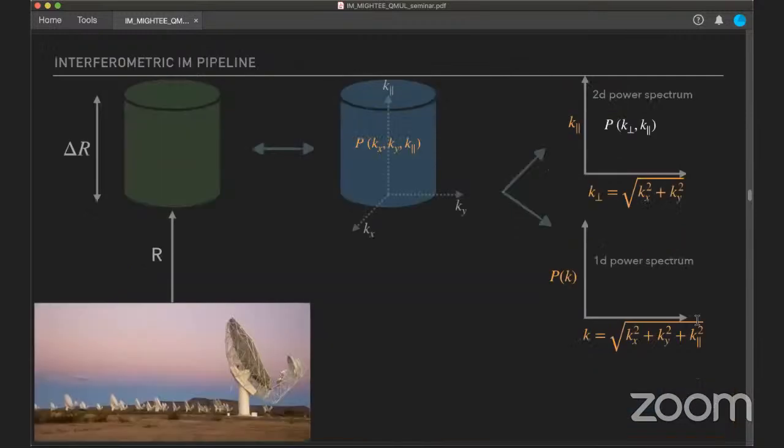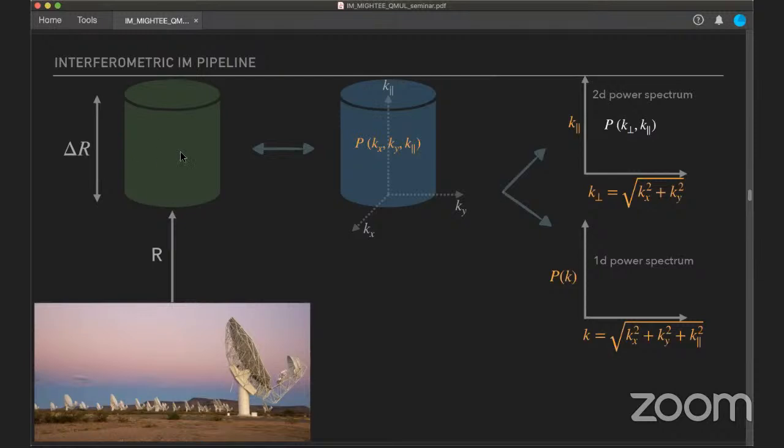If we look at a schematic of the interferometric pipeline, the idea is that with a radio interferometer like MeerKAT, we are seeing a real space volume at a comoving distance r from Earth, and a comoving depth delta r, which depends on the bandwidth we are using.